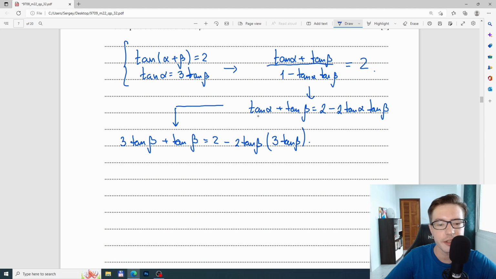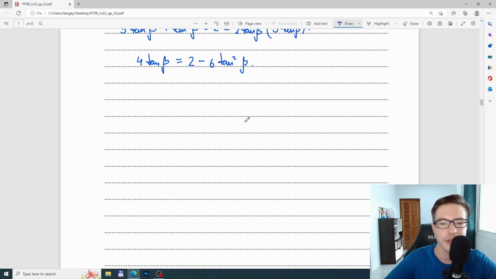Okay, now simplify it and I'll get 4 tangent beta equals 2 minus 6 tangent squared. And that's almost, well, it is a quadratic equation. So let me just move everything to the left side and I'll get 6 tangent squared beta plus 4 tangent beta minus 2 equals 0. And I will make a variable change.